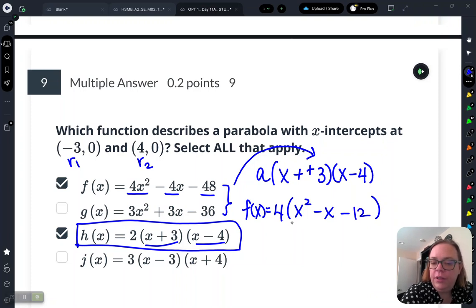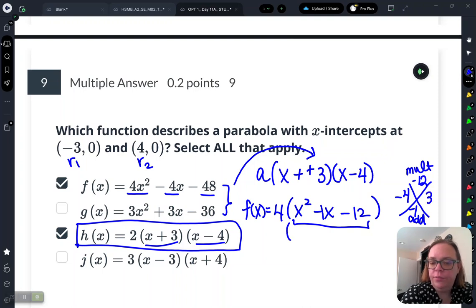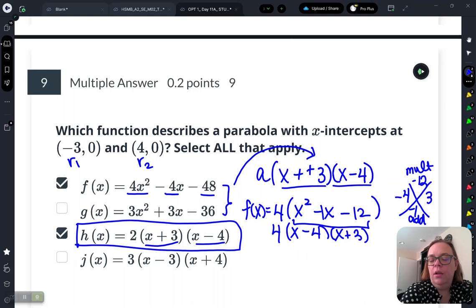Then from there, this is a basic diamond problem of 2 numbers that multiply to make -12 and add to make -1. And that would be -4 and +3. And there they are. There's the factors we were looking for, x plus 3 and x minus 4. So that's why this one is also an answer.